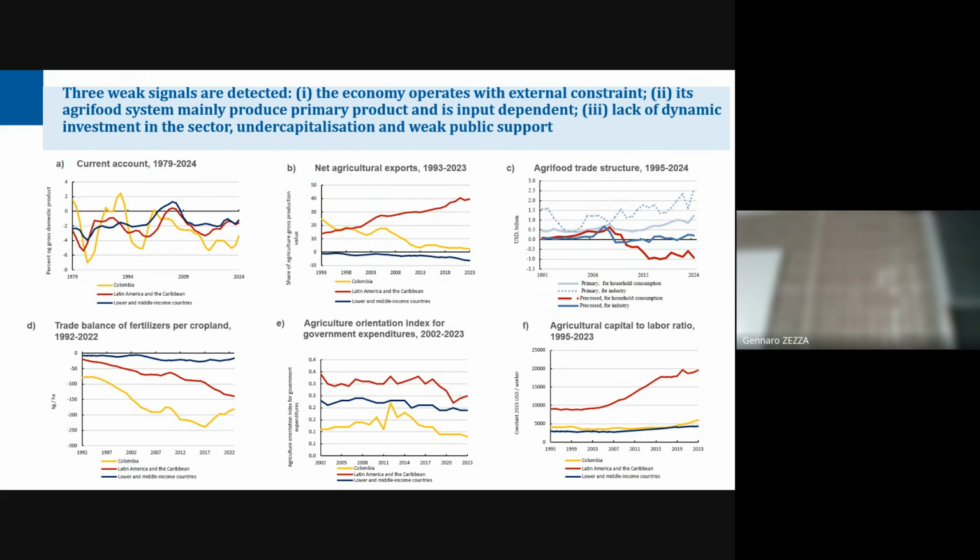And as you can see, not only compared to peers in the region or at the same level of income is the Colombian government investing less in the agri-food system, but since the end of the commodity boom, with lower availability of fiscal budget, it is investing even less.